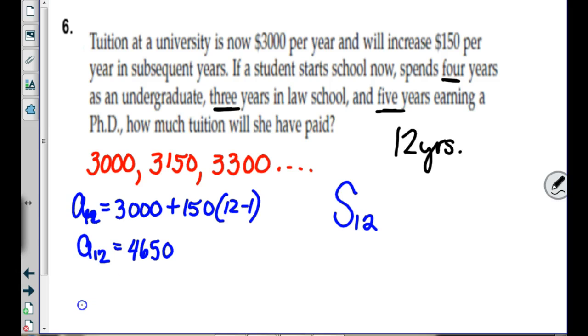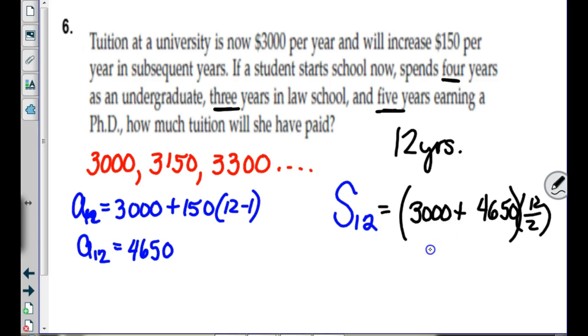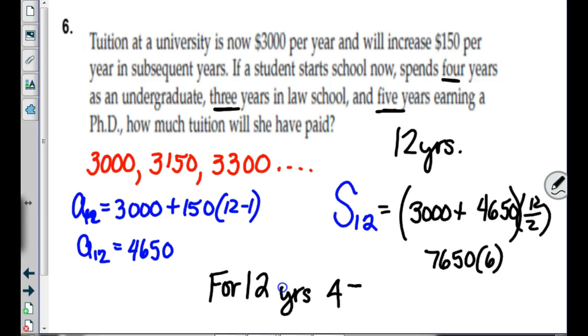Okay, now what? How do we find the sum of those 12 years? So the first term plus the last year she went, times what? 12 over 2, or 6. $45,000.